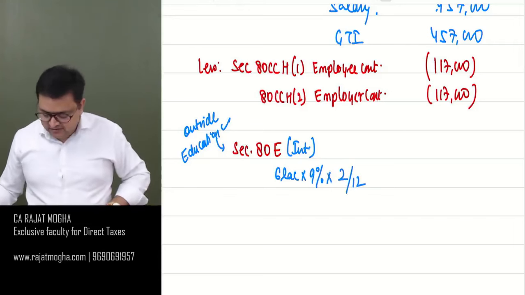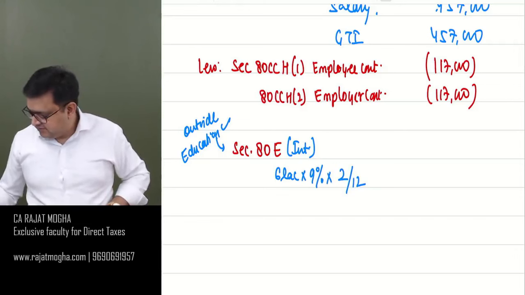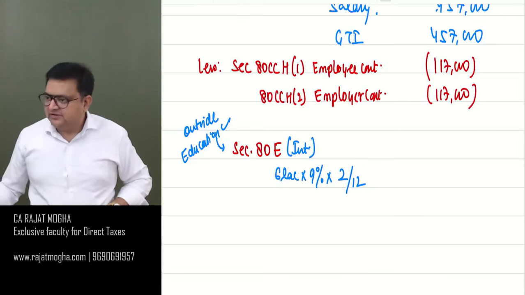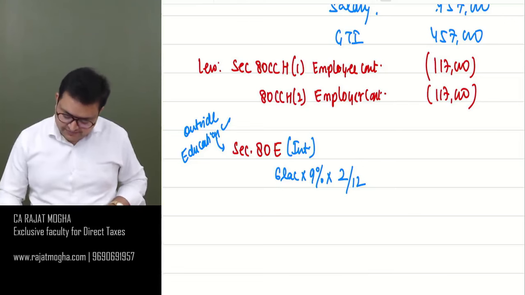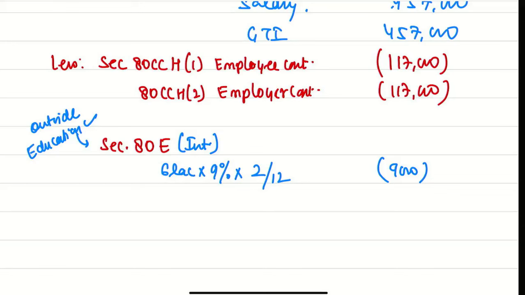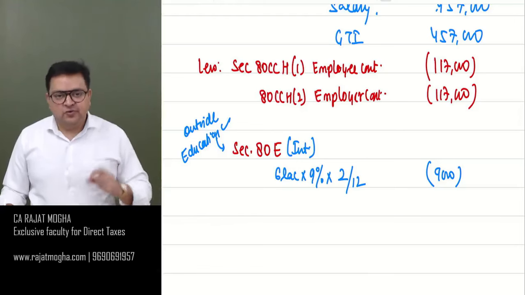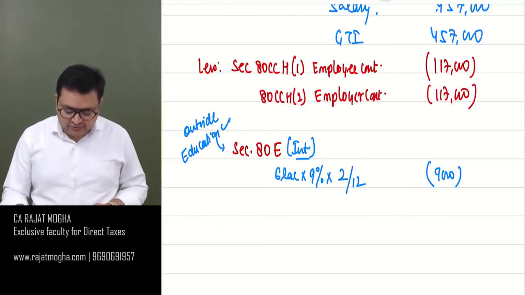So tell me the amount. Is it 9,000 rupees? 9,000 is the deduction which we will get. Correct. Good. Thank you. So 80E, you will get 9,000 rupees. Only the interest portion, guys, only the interest portion.